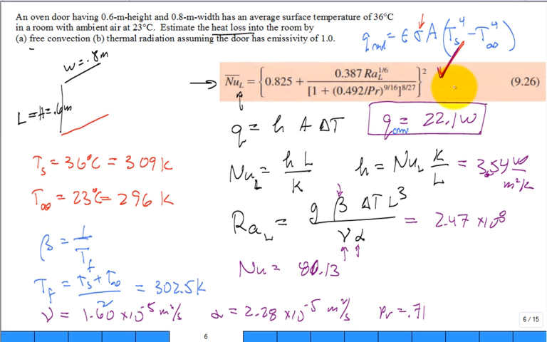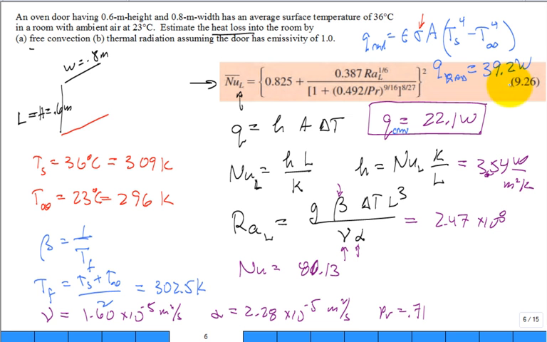And when I calculated Q, I don't know where to put it. Maybe I'll try and squeeze it right in here. Q, this is radiation, rad. It comes in at 39.2 watts. So it's almost double what the convection is.